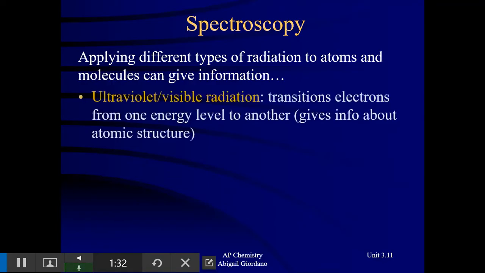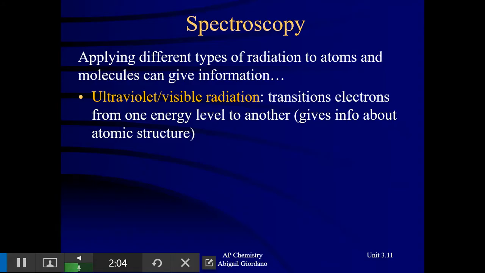So if we apply ultraviolet and visible radiation, or visible light, to atoms and molecules, this is something you may have learned about in Chem 1. What ends up happening is electrons can make transitions from one energy level to another. More specifically, if you remember back from Chem 1, you likely talked about ground state versus excited state.